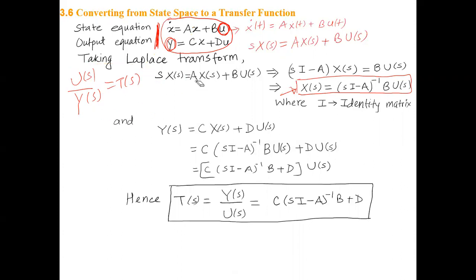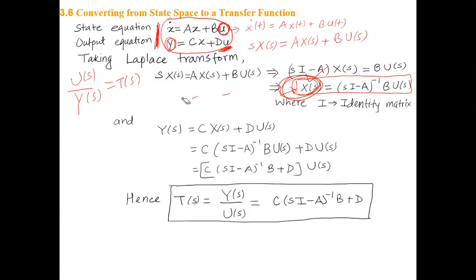So now your X is done, but you need to figure out Y and U. How do you figure out Y? By using this guy. So what is the Laplace transform of this guy now? Big Y equals C big X plus D big U, right? See, this little becomes big here. Everything is big.